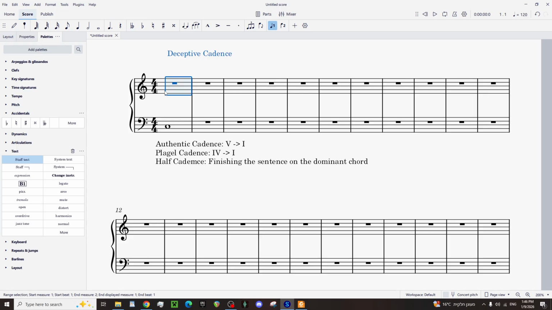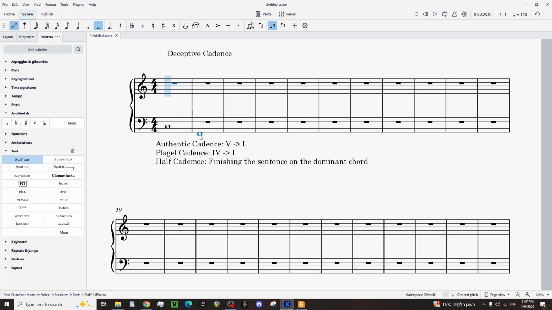That's why it's called deceptive. Generally, we go to the 6th degree of the scale, which is a minor chord. But the term deceptive is basically when you go from a fifth to any other chord that isn't a tonic.